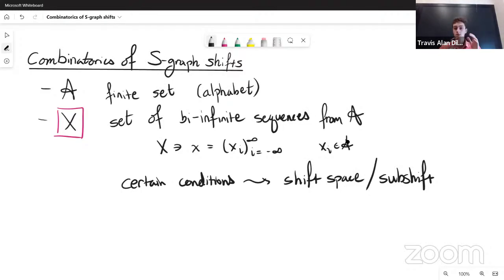Now, I don't want to spend too much time on the dynamical background. It won't have that much bearing on what I'm actually going to talk about. So I'm going to elide these certain conditions, but you can always think in the background that what's sometimes really driving this are the dynamical considerations going on behind. But really, we're just going to look at sets of bi-infinite sequences, with the knowledge that they're motivated in a certain way, and see what we can say about them.